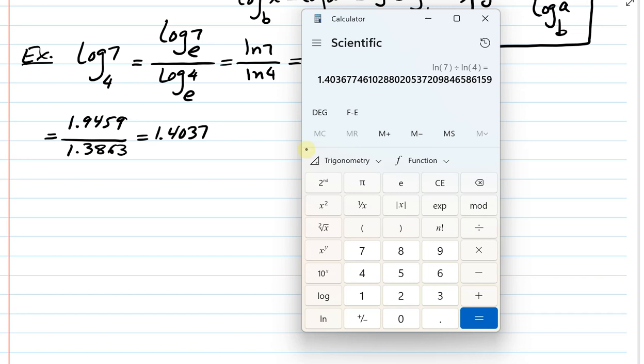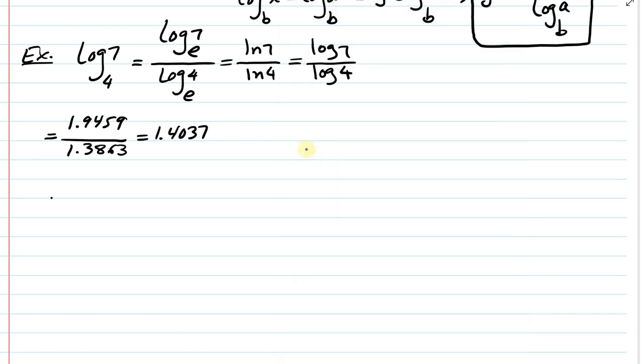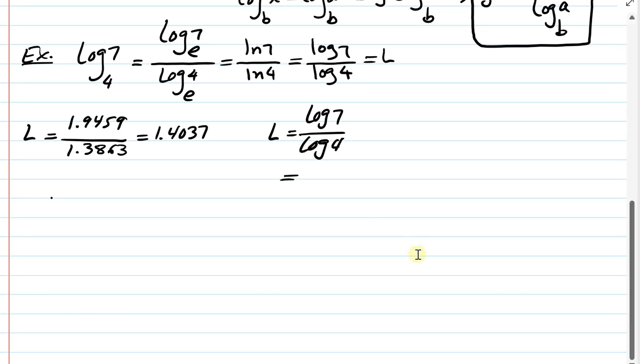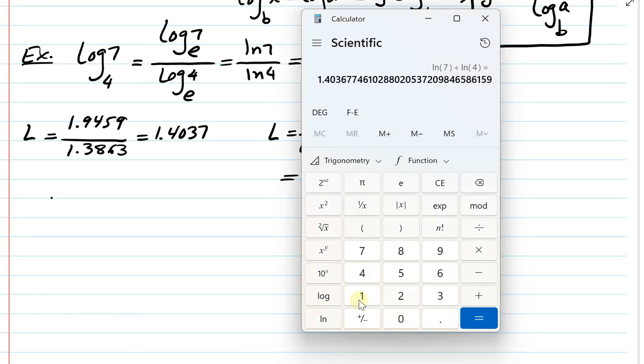Okay, so the same problem is going to be, call this L for the log. Log 7 base 4. I'm going to do this using the common log. So I'm going to go log 7 over log 4. And this time, I'm just going to let the calculator do the whole thing instead of me writing the in-between steps.